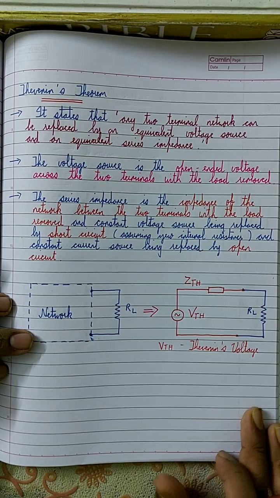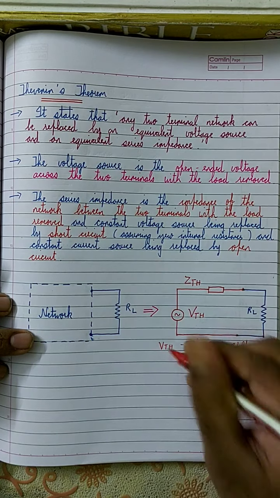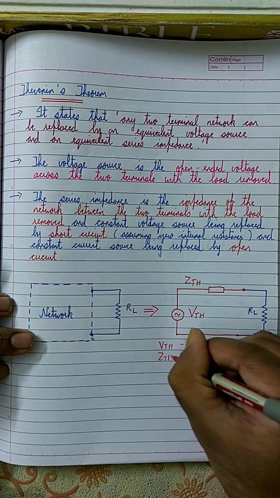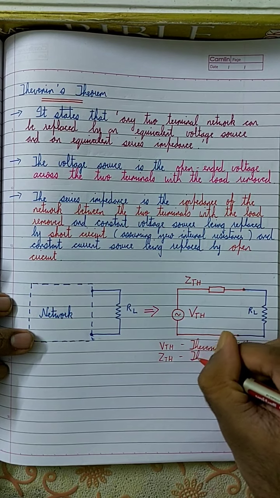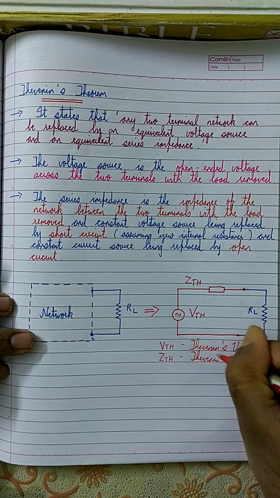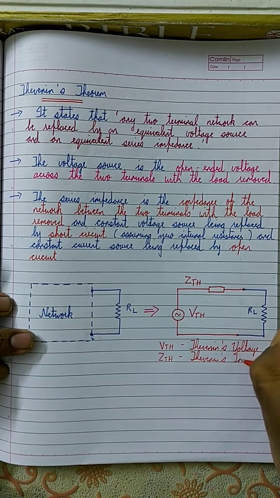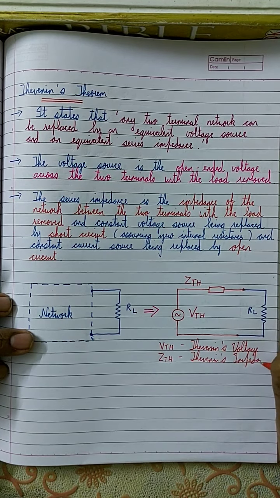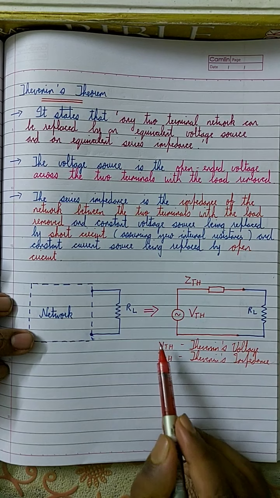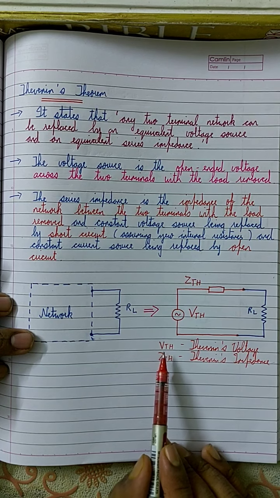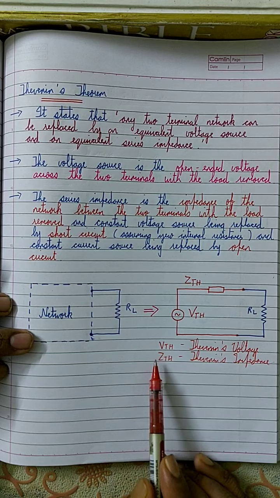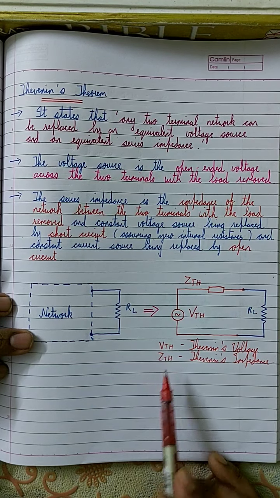ZTH is called the Thevenin's impedance. We write the capital letter V followed by the suffix TH, and here capital letter Z followed by the suffix TH.